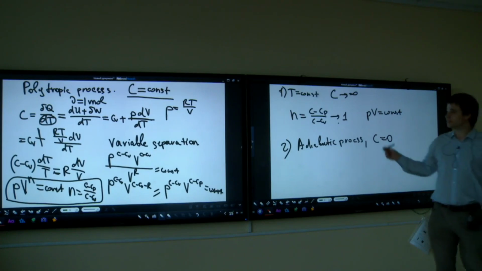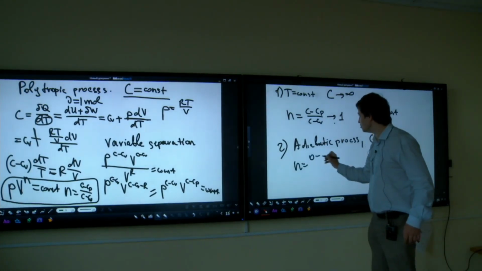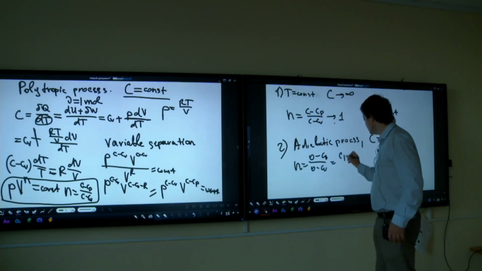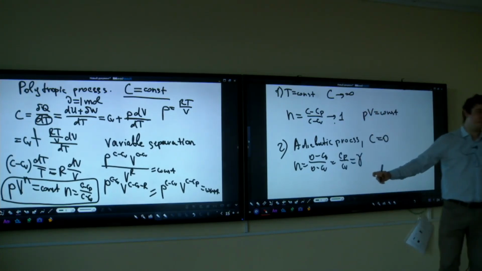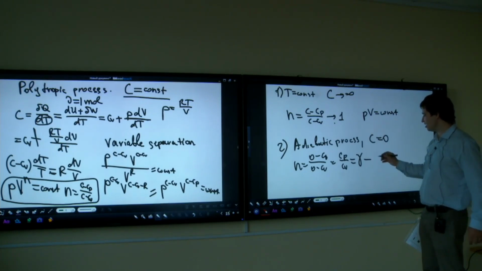If I put 0 into this exponent, it gives me 0 minus Cp over 0 minus Cv, so that gives me Cp over Cv. This is usually labeled with the letter gamma and called the adiabatic exponent.